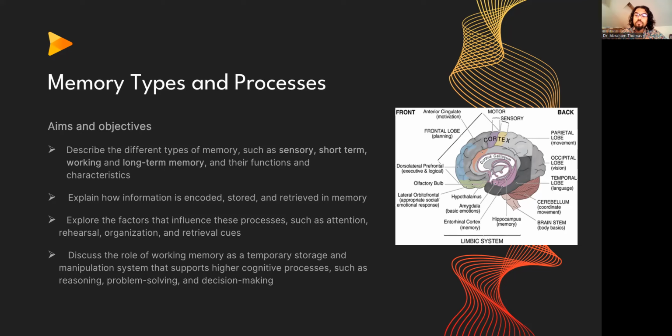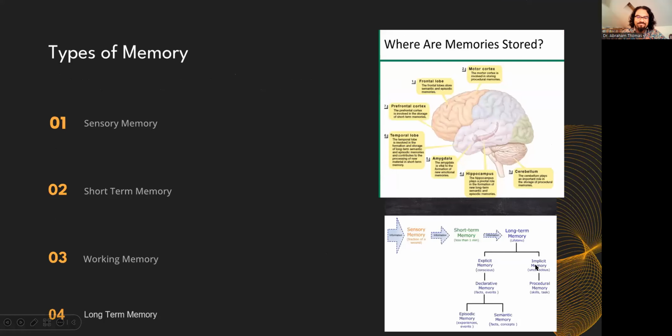It's familiar to most of us, but of particular importance is the hippocampus, of course, the amygdala, the entorhinal cortex, and of course, your dorsolateral prefrontal cortex, as well as the lateral orbitofrontal cortex. Obviously, all of this is used in conjunction with your frontal lobe, which forms the higher cognitive processes that we, as the most evolved mammals on this planet, are able to utilize.